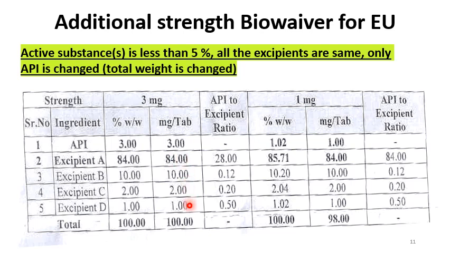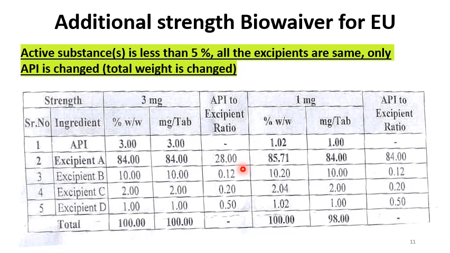Excipients A, B, C, D, all these are very similar to the 3 mg strength. Only the difference of 2 mg in API weight is reduced here, and that's why this 100 mg tablet becomes a 98 mg tablet for the 1 mg strength.